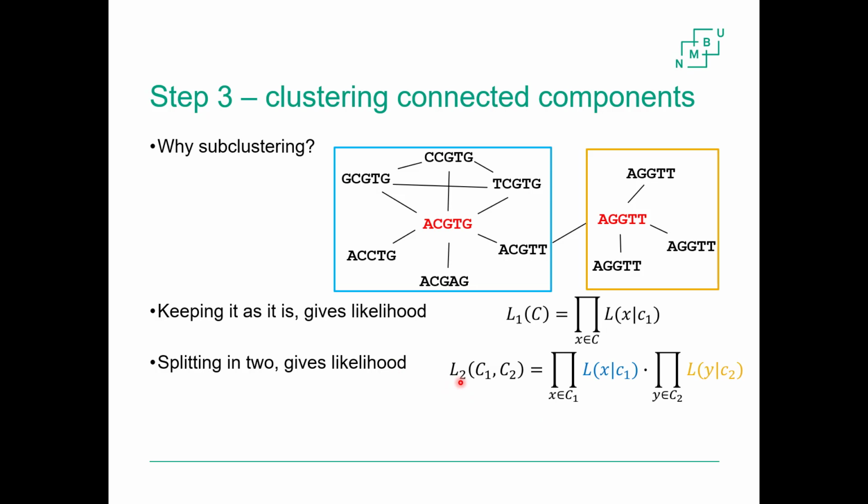So now we have two groups, C1 and C2. In each group we find a consensus sequence, and that will now become the mother sequence because they now fall into each group. So this is the likelihood for the blue group here, and this is for the brown. And none of the likelihoods are very small now, because every member here looks very much like the consensus, and over here also every member looks very much like the consensus.